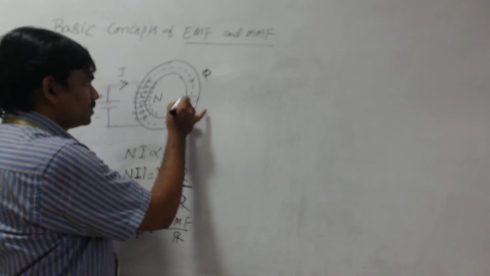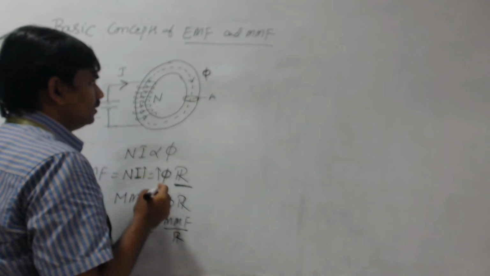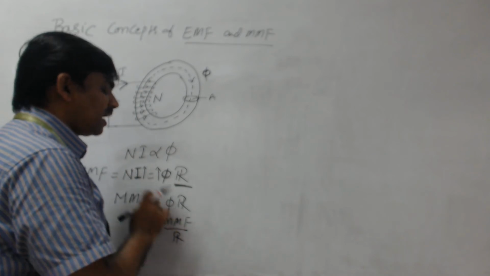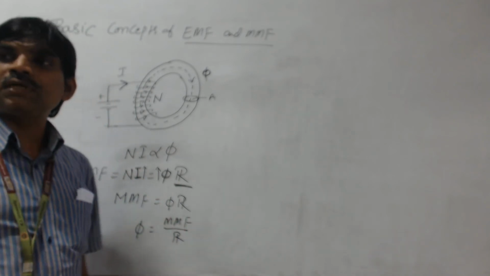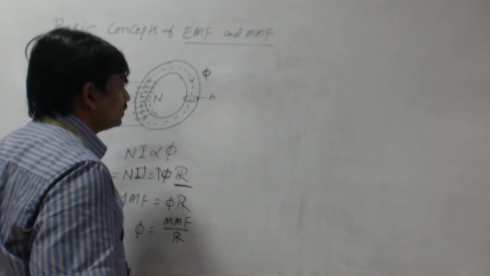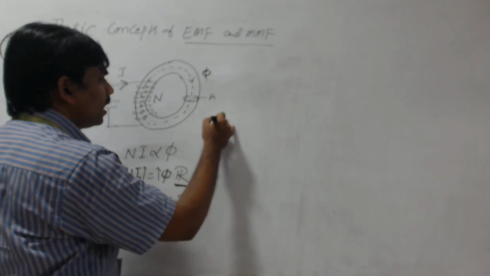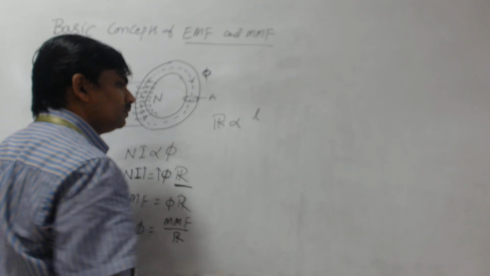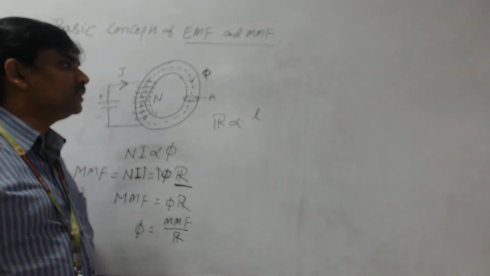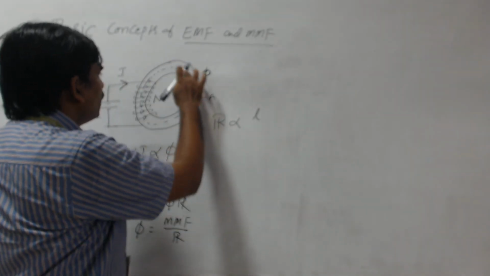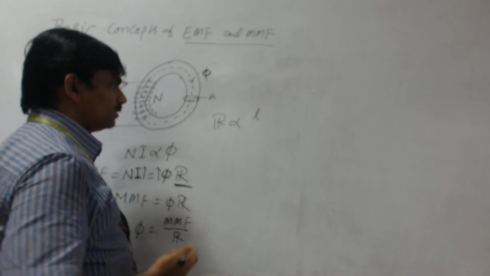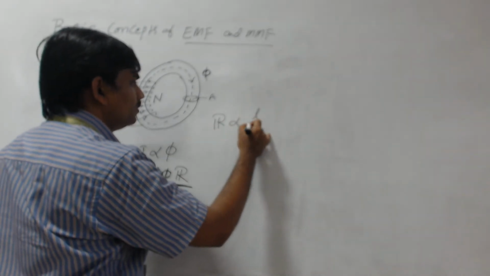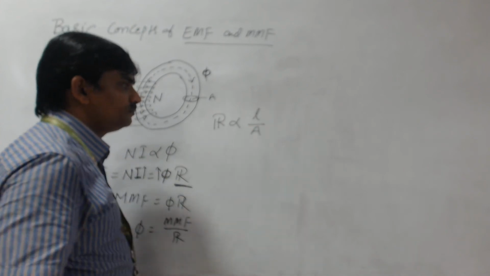So you have some cross sectional area A. Reluctance is the opposing property of the magnetic circuit. So here R is proportional to the length of the path of the iron material where the flux is set up, and inversely proportional to the area of cross section.